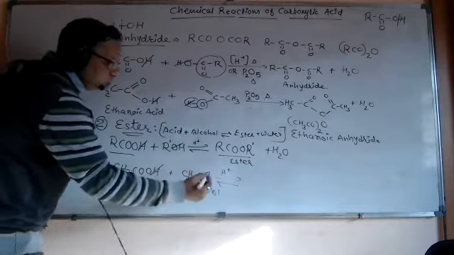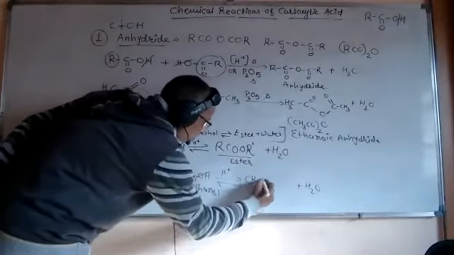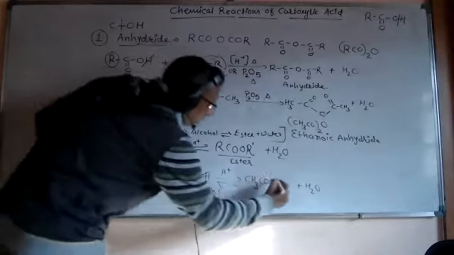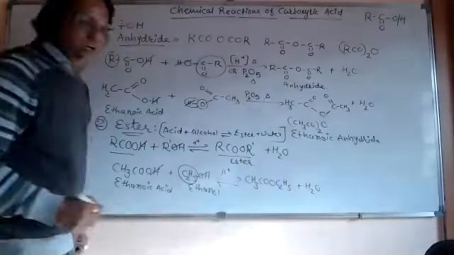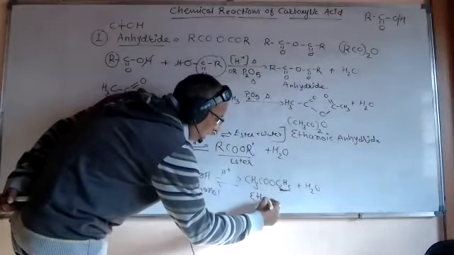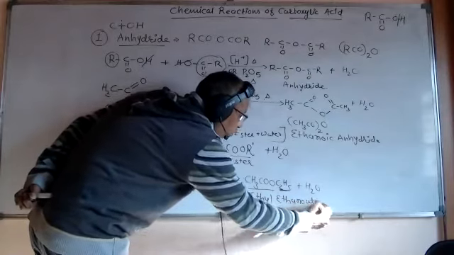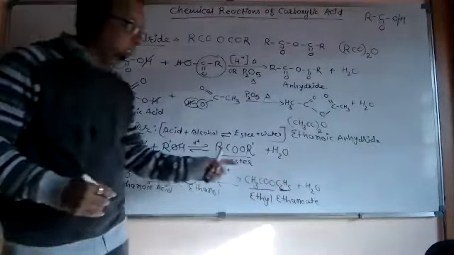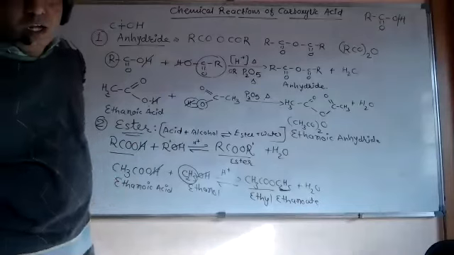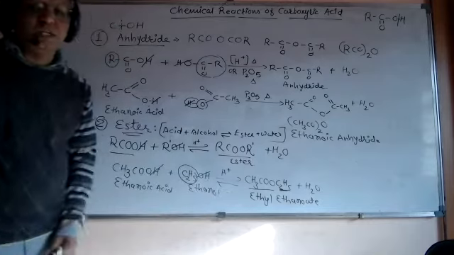This H and OH will be removed as H2O, friends, and this is CH3COO, and the rest part from alcohol, that is C2H5, will join to the CH3COO. This is ethyl, and this is called ethanoate. As per IUPAC name, ethyl ethanoate is the IUPAC name, and ethyl acetate is a common name. So this is the important product we obtain, ester, like this.